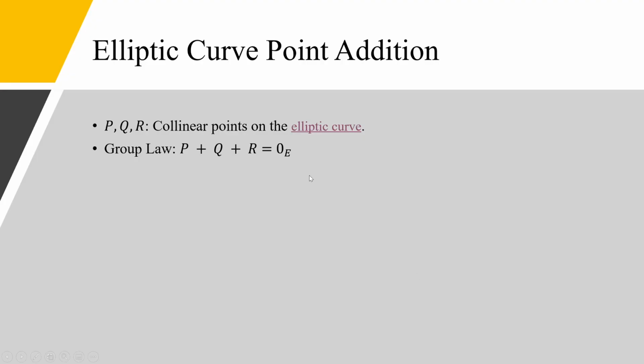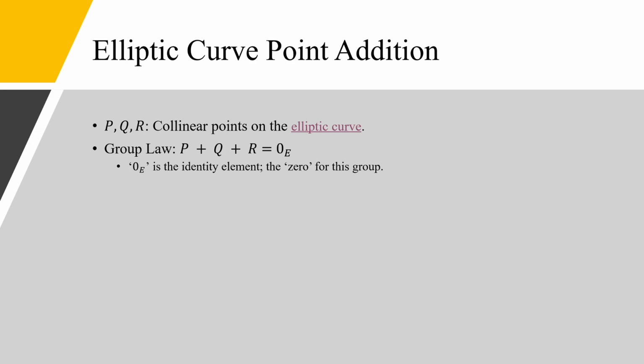And now, this is how the group law is defined. P plus q plus r equals 0e. 0e is the identity element, which is the 0 supposedly for this group, and the reason why I haven't used the normal 0 is to distinguish it from the number 0 and the origin of the coordinate axes. It is neither of those.